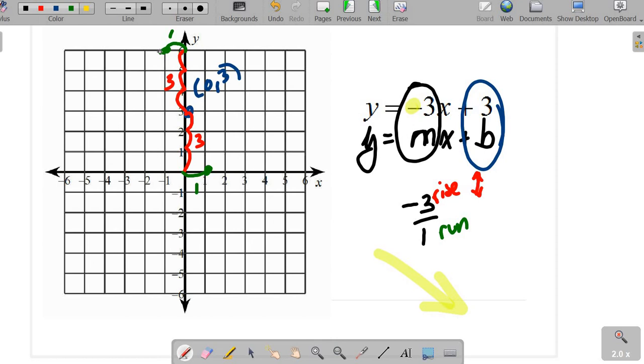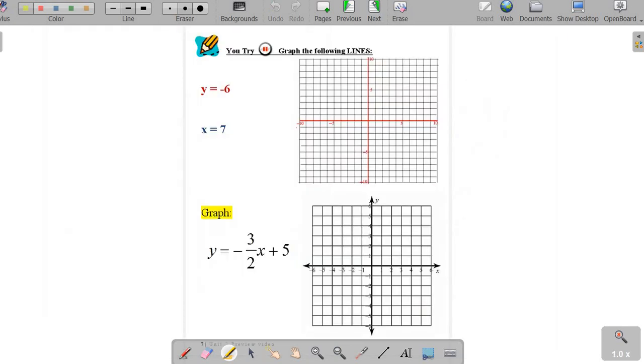So here's our 2 points, our original point. And it is a downward tilting line, confirming it is a negative slope. These lines I want you to graph on your own. Pause the video and restart.